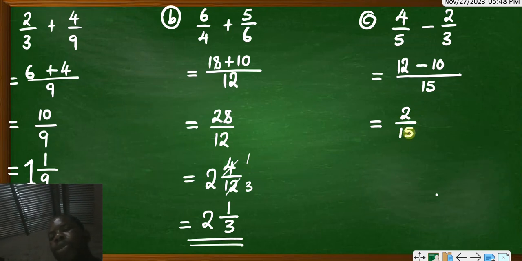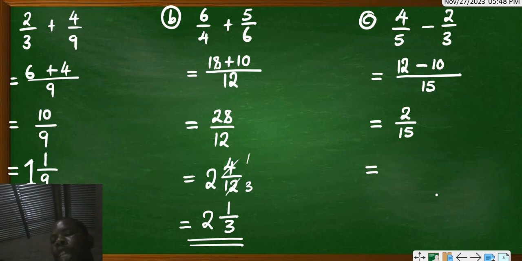Okay, so you see this one, it is a proper fraction because the numerator is smaller than the denominator. However, you can reduce it further to what we call lowest fraction, where you look for a number which can go into 2 without a remainder and into 15 without a remainder.